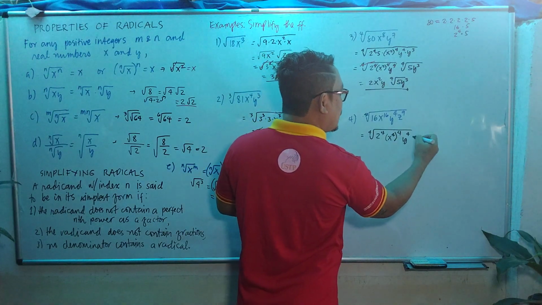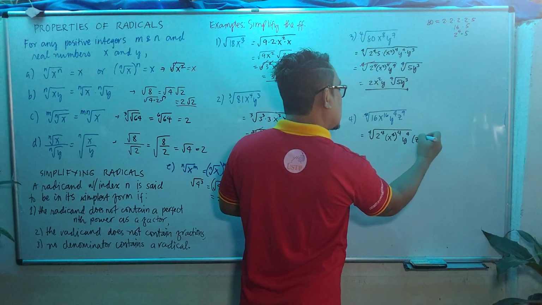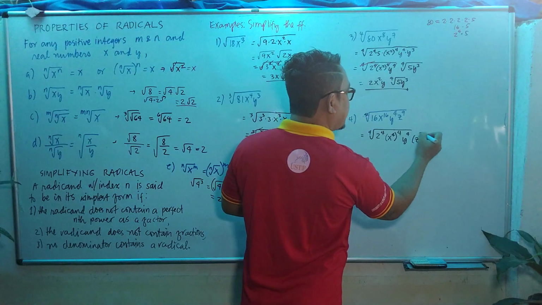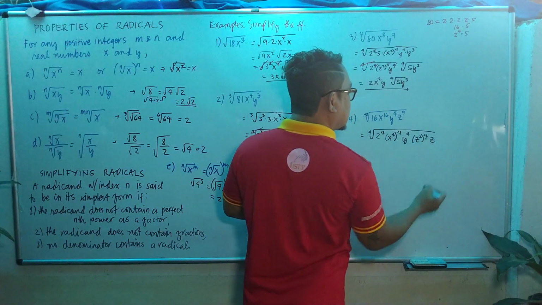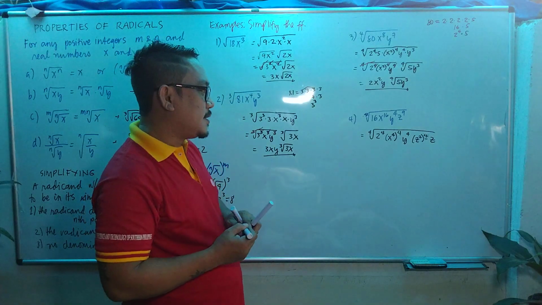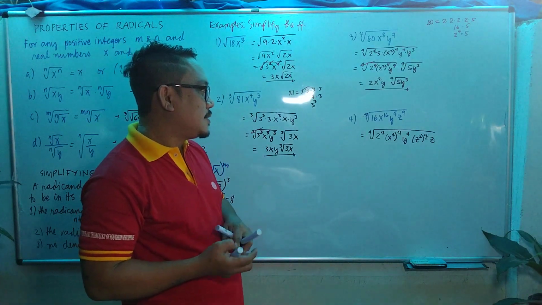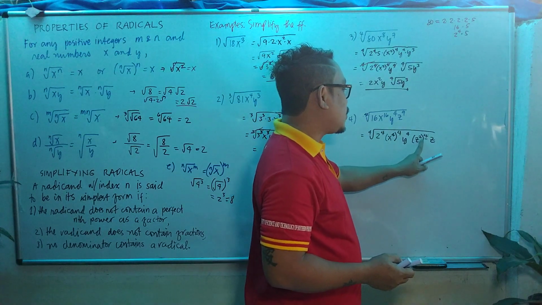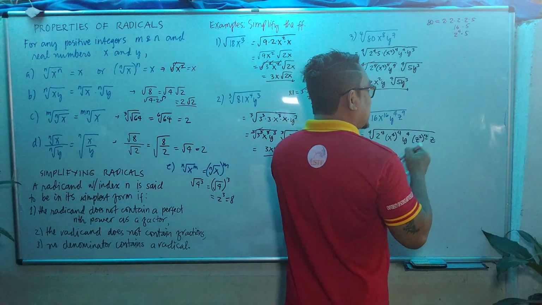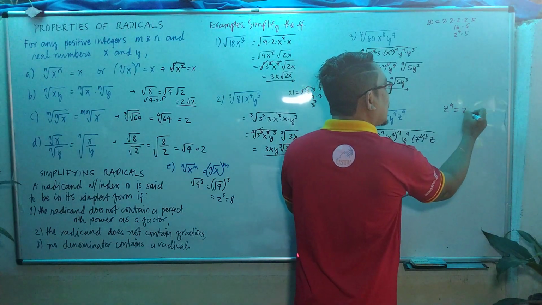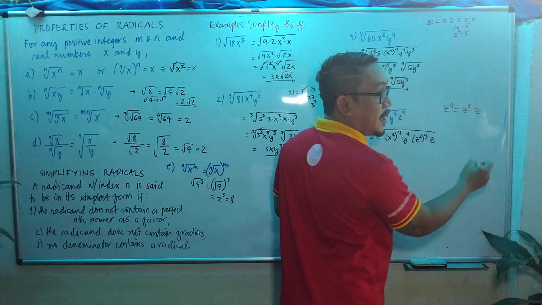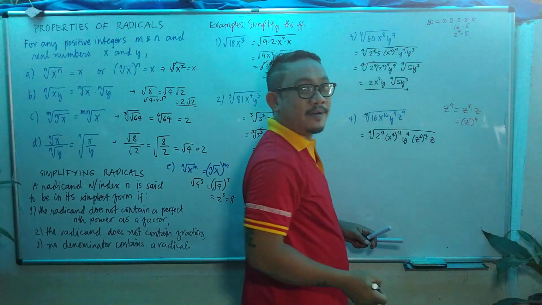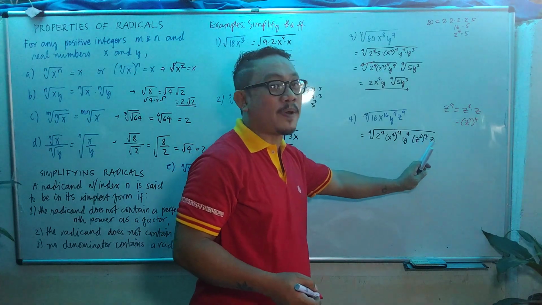For z, we break it down. z to the 9 is just equal to z to the 8 times z. Correct? So z to the 8 is just equal to z squared to the power of 4, because 2 times 4 is 8.